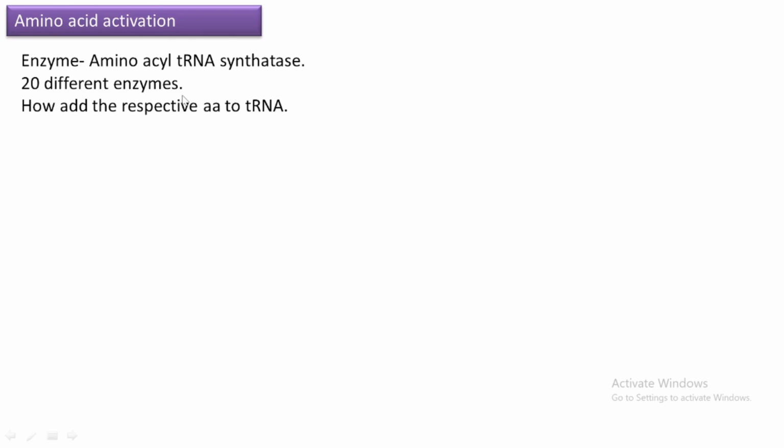Because only 20 amino acids are there to get added to the various tRNAs. For creating almost all available proteins, the only available number of amino acids is 20. So corresponding to that, 20 different enzymes are also present. Then how does the addition of the respective amino acid happen to its corresponding tRNA?